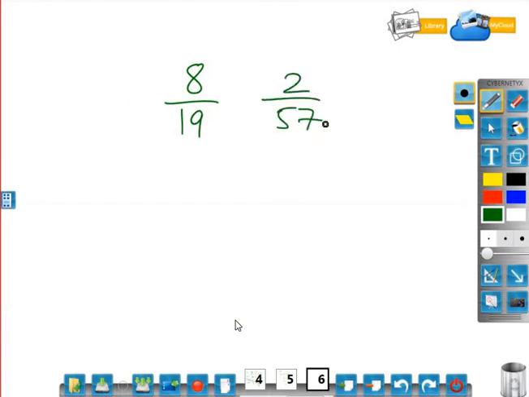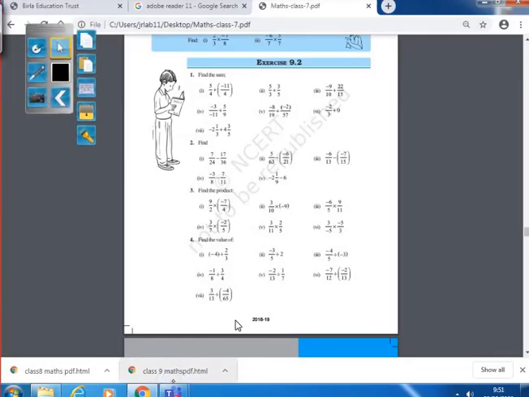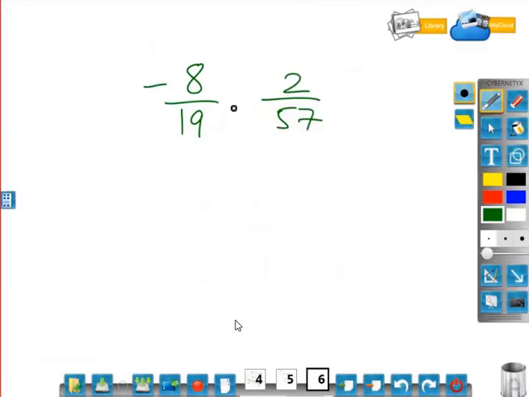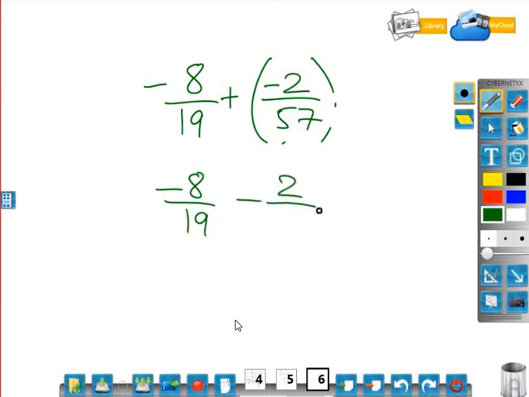Here you can see both numbers are negative. So minus plus minus. Now first you can write minus 8 upon 19 plus minus 2 upon 57. Now what is the first rule? First you have to find the LCM. LCM of 19 and 57.